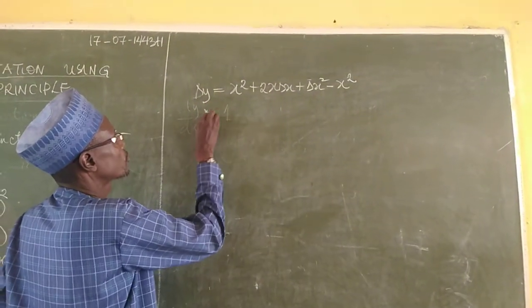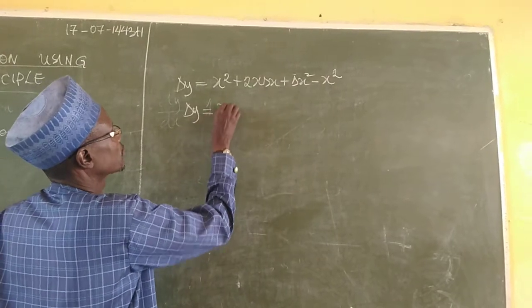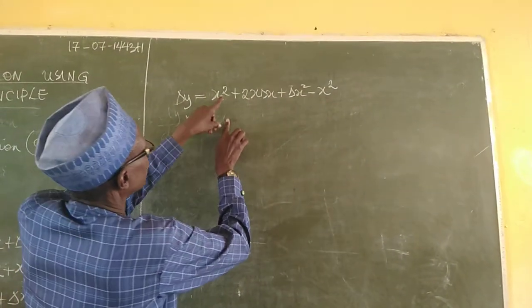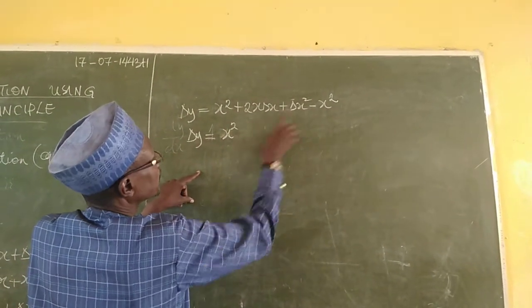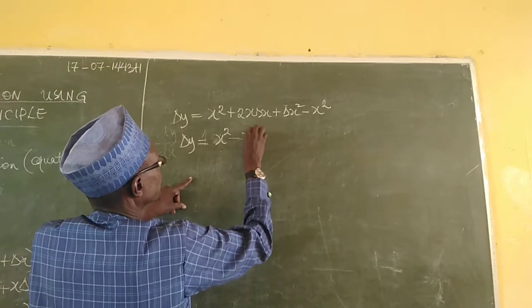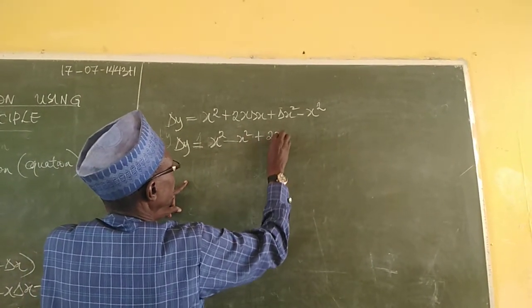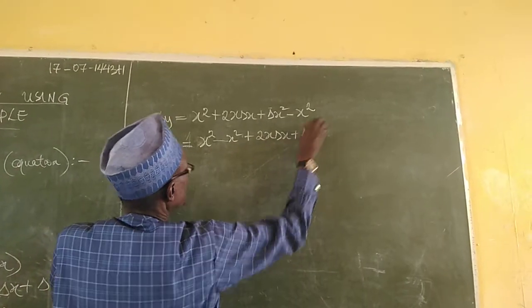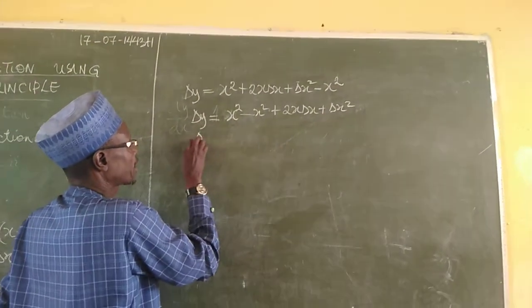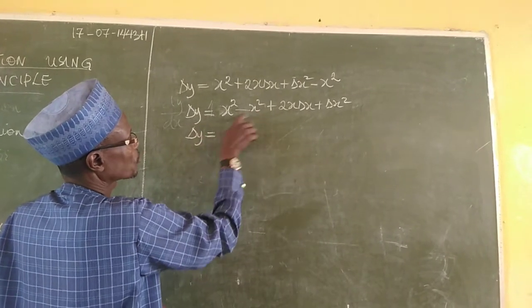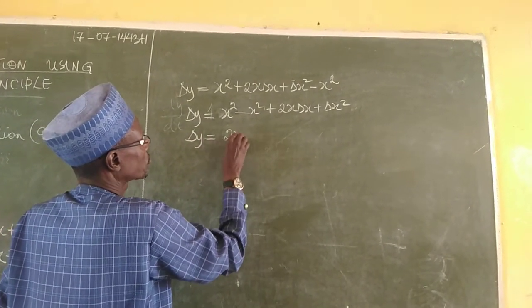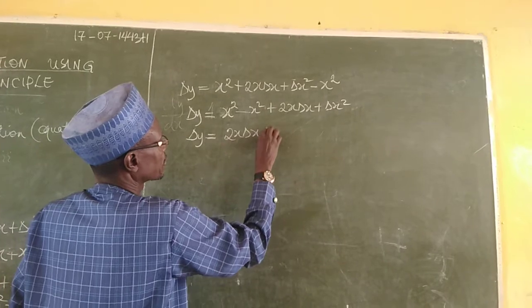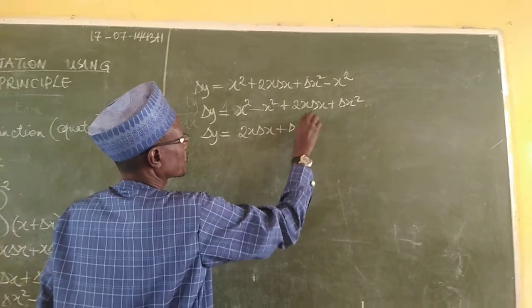So we end up with del y is equal to x squared minus x squared plus 2x del x plus del x squared. Subsequently, I have del y is equal to, this one is gone, I am left with 2x del x plus del x squared.